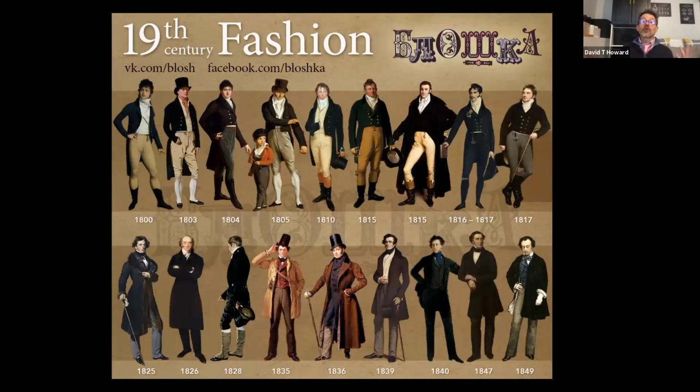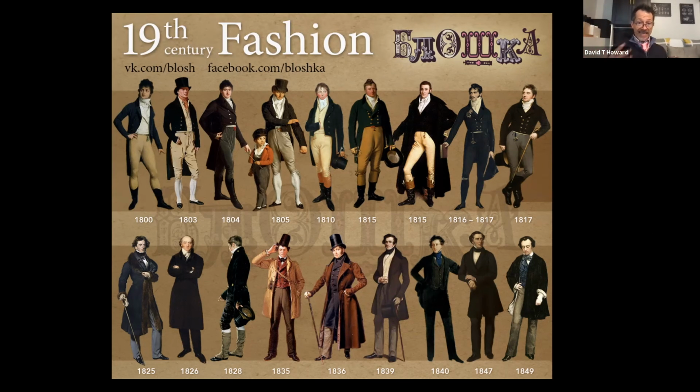Okay, so that was our women. Back to the men. Boring, boring, boring, right? All we see is that movement in a lot of ways, from the tailcoat being the most fashionable to the frock coat, though we will still see the tailcoat in there, mostly relegated to evening wear.